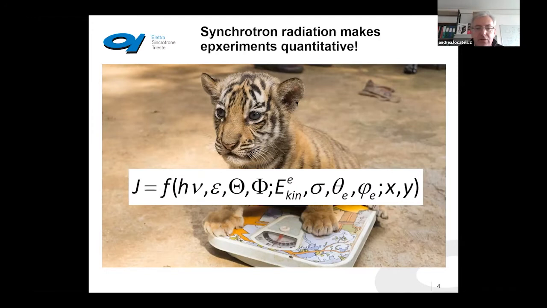It means that you're measuring a certain observable, which is typically a function of the energy of the photon, of the polarization of the photon, of the angle of incidence of the photon beam on the sample. And then, especially when you do spectroscopy, you measure, for example, electrons. And when you measure electrons, you basically measure the kinetic energies of the electrons. You can also measure the polarization, their angle of emission from the surface.